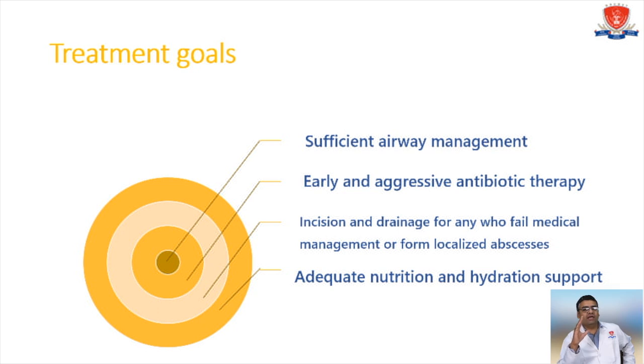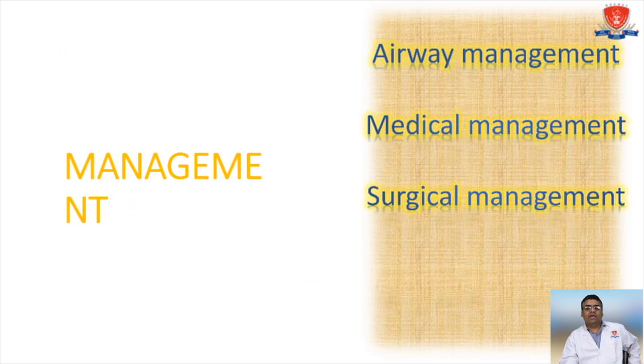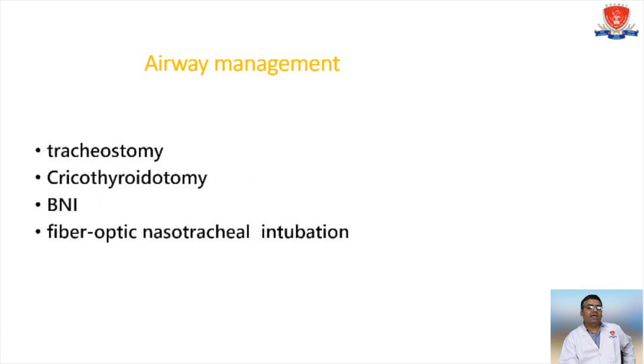Adequate nutrition and hydration support. Airway management, then medical management, and then surgical management. Airway options: tracheostomy, cricothyroidotomy, blind nasal intubation, that is called BNI, and fiber optic nasotracheal intubation.